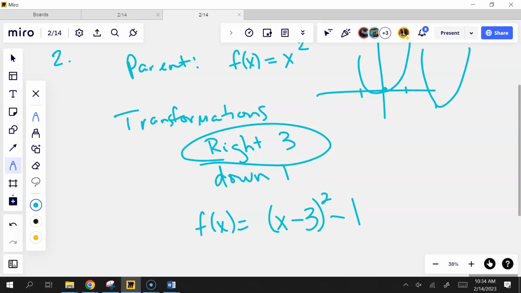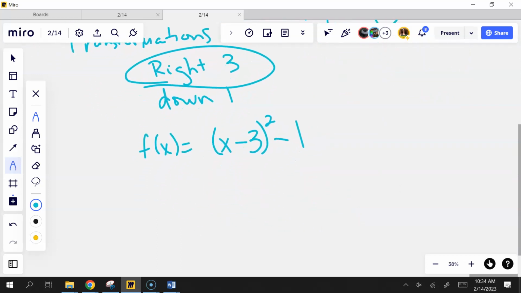The domain and range of the new graph that you just did. Okay, so look at the graph here. What's the domain?